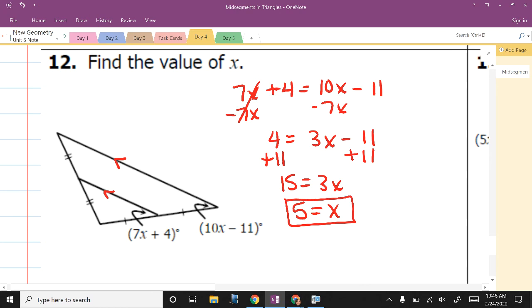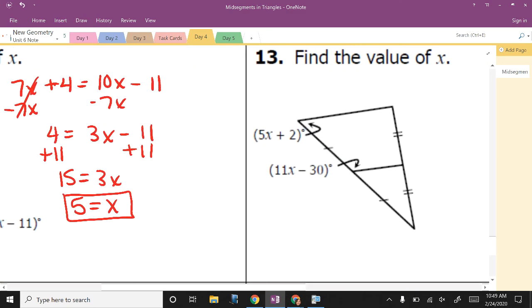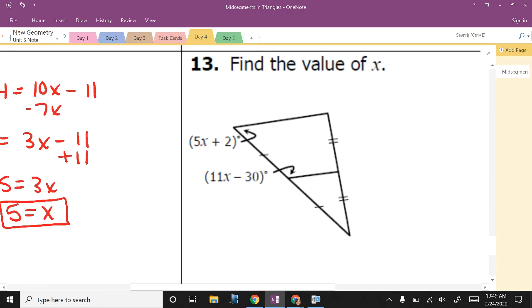So look for the angle relationship that you got going on with those parallel lines. If they're congruent, set them equal to each other. What do you think we're going to do if they are supplementary? You add them together and set them equal to 180. So on number 13, that segment is a mid-segment because I have the little tick mark showing congruent lengths.